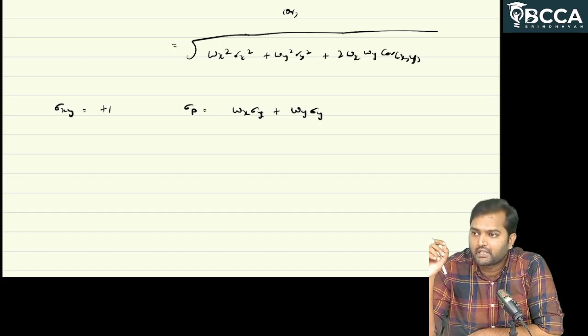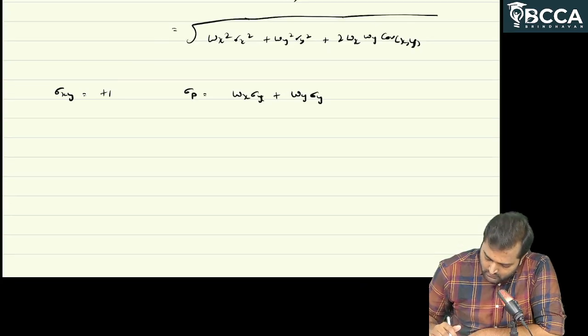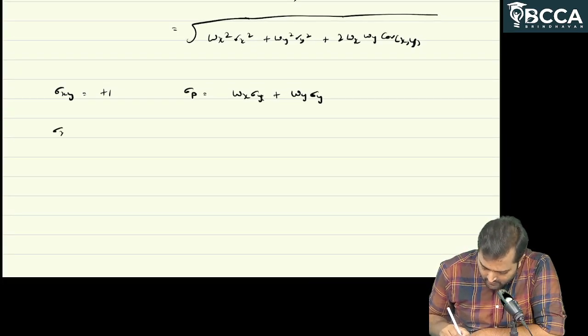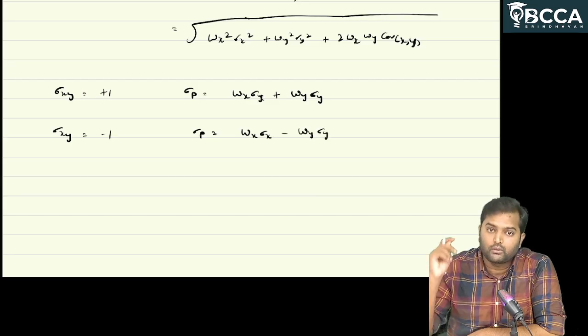When sigma xy is equal to plus 1, risk cannot be diversified because securities are moving in the same direction and in the same proportion. When sigma xy is equal to minus 1, then sigma p is equal to the absolute value of wx sigma x minus wy sigma y.